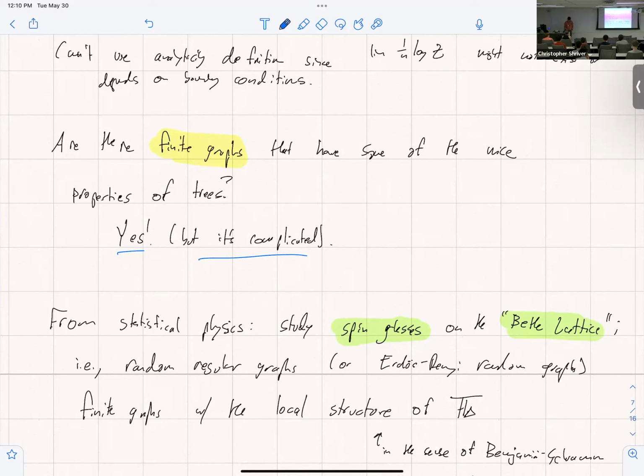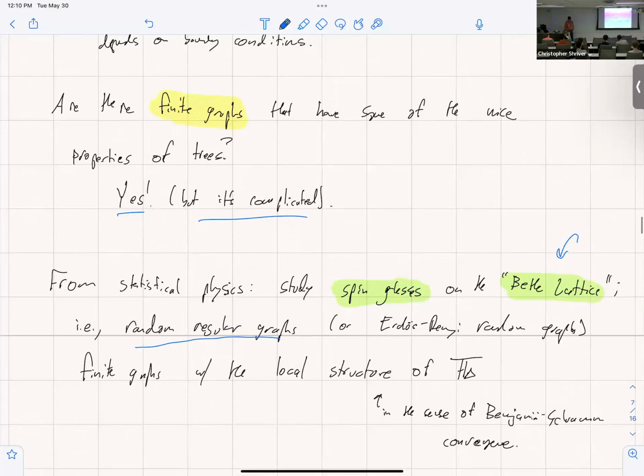And so what the statistical physicists did was they said, let's study this model, the spin glass, so this one with random couplings, on something they call the Bethe lattice. So it's a lattice, but that looks like a tree. And what really is this? This is really like a random regular graph: a uniformly random delta-regular graph on n vertices.